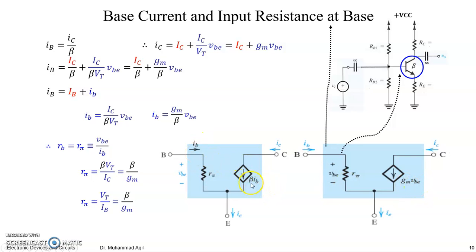Instead of gm vbe, we can write beta ib because these are interdependent. So we can write this dependence directly with the dependence of this, right? So beta ib. So we can say this is a current source controlled by this current. This is a current source controlled by this voltage. The voltage controlled current source and current controlled current source are the same. So these two are exactly the same, relating different variables for different purposes, right?